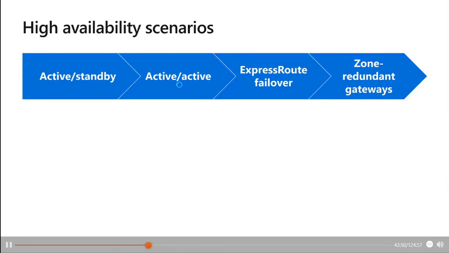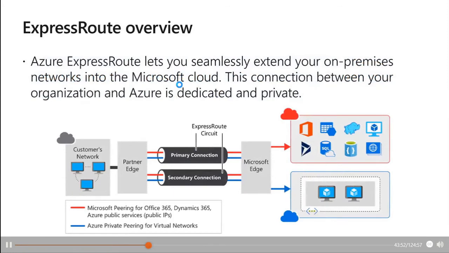So this is what we have, but what about ExpressRoute? The idea of having an ExpressRoute connection is that ExpressRoute lets you seamlessly extend our on-prem network into the Microsoft cloud, and this is not only for Azure, it is also for Office 365 and Dynamics 365. And the idea is that this connection that you have here is private.